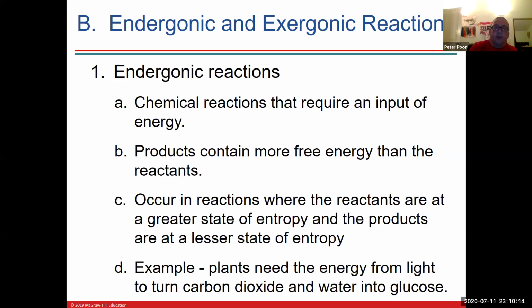In an endergonic reaction, the products contain more free energy than the reactants. So if I was making a glucose molecule from carbon dioxide and water, the glucose molecule has more energy than carbon dioxide and water, so I have to put in the energy from somewhere else.